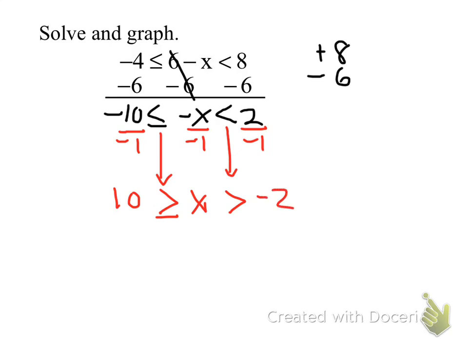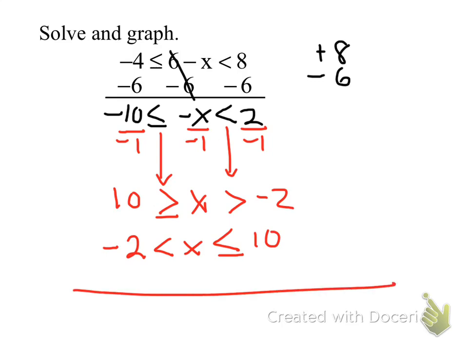Now, is that from least to greatest? No. So how am I going to rewrite it? Sarkis? Negative 2 is less than x is less than or equal to 10. And then I graph it.